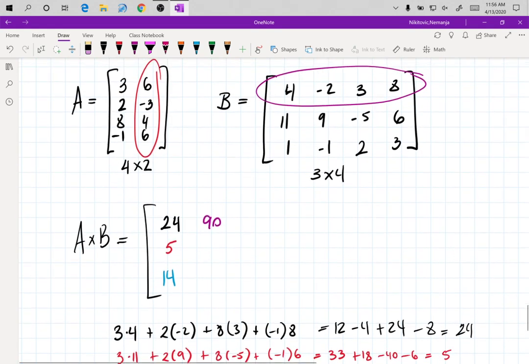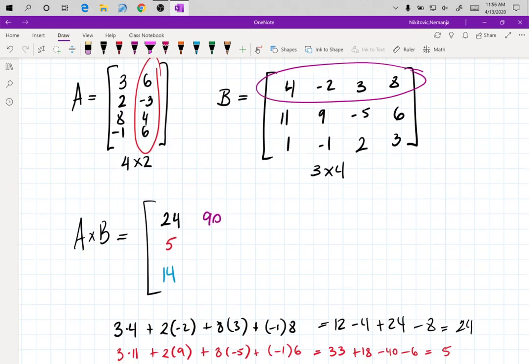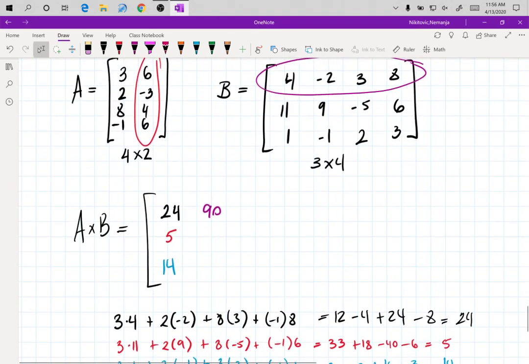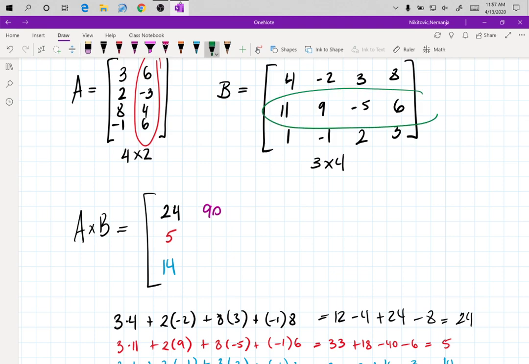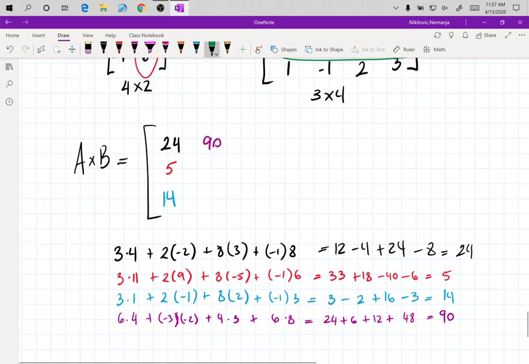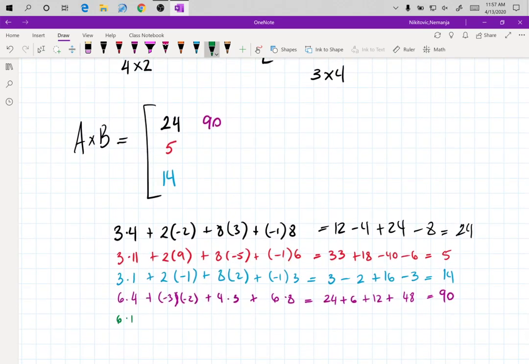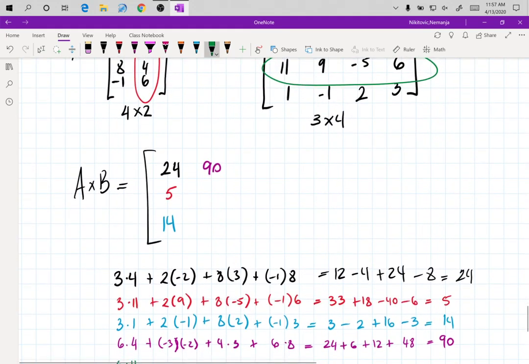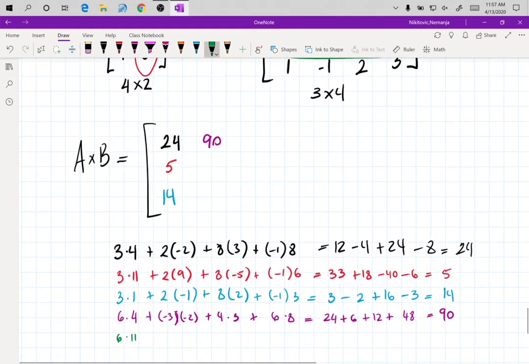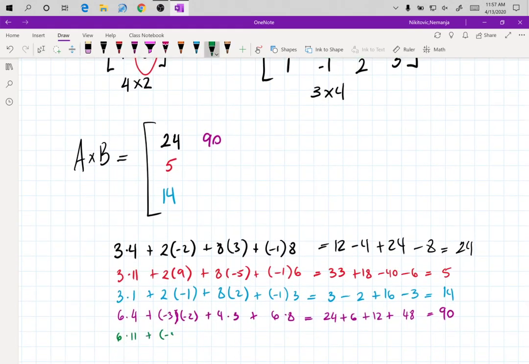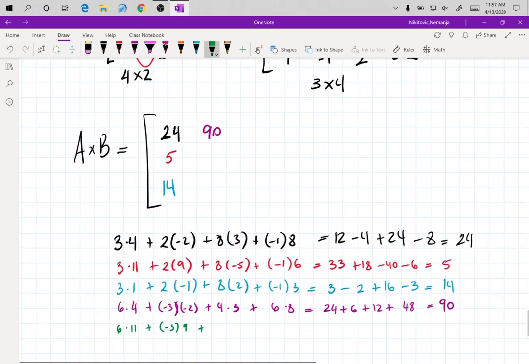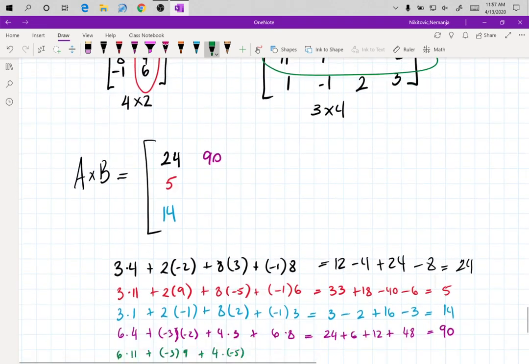Now, we go to the next row here. Let's go green. 6 times 11. Negative 3 times 9. 4 times negative 5. And 6 times 6.